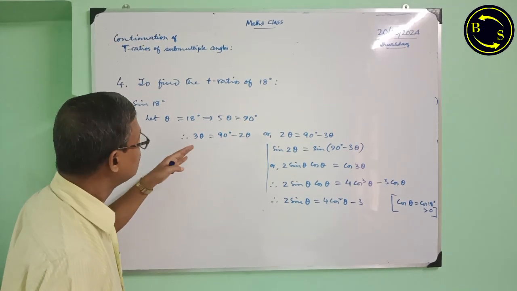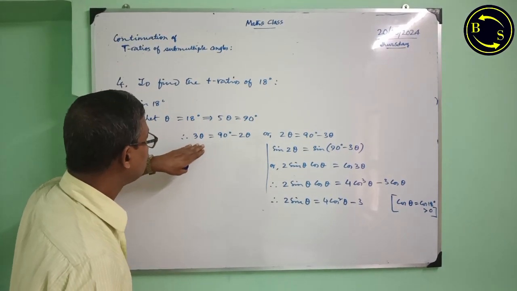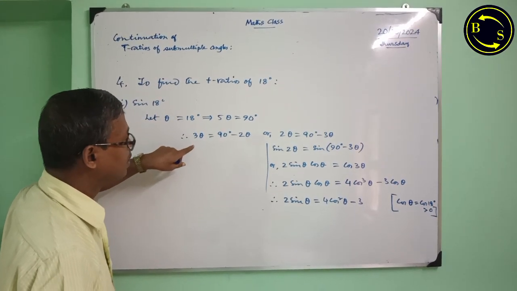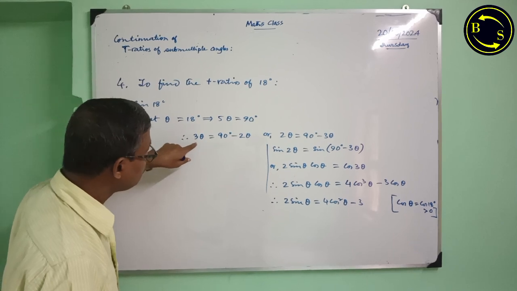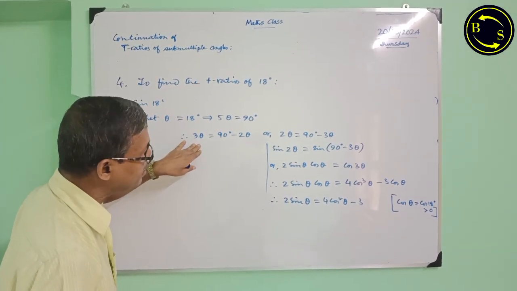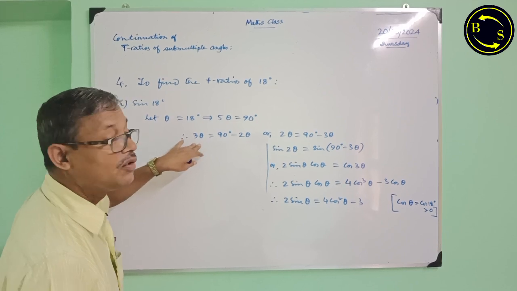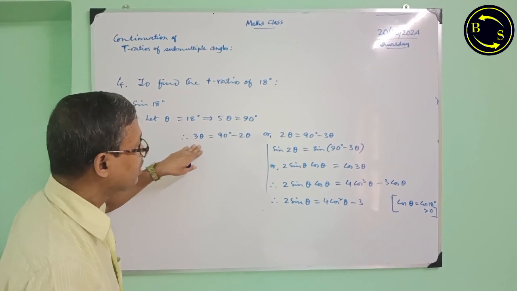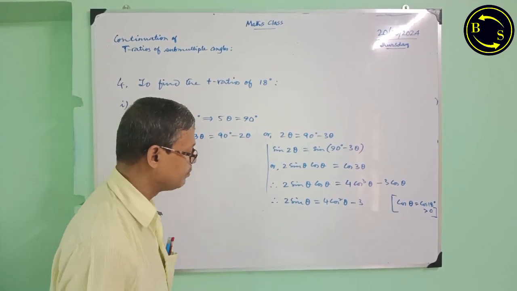Students are to find yourself using this one also, sine 3 theta. In that case, you will get on the left side the cubic form of sine theta. Then you can proceed easily.